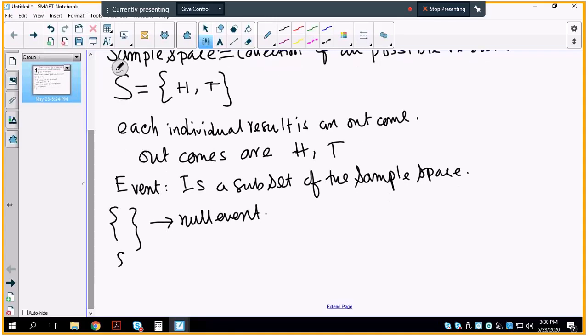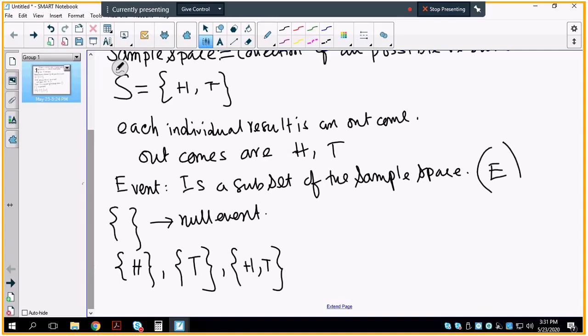Or you can think about only H, that is a sub-collection, so that's an event. You can think about only T, that is a sub-collection, so that's an event. Or you can think about the sample space itself. These are all possible events for your sample space. Events are generally denoted by writing the letter E.